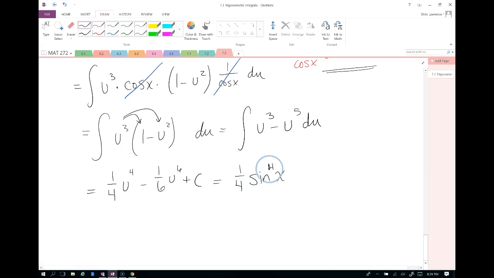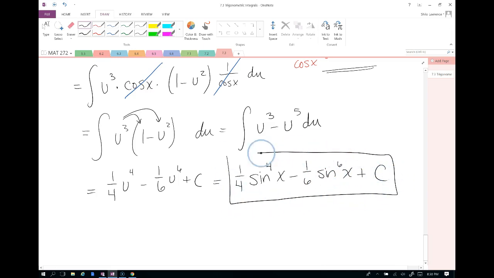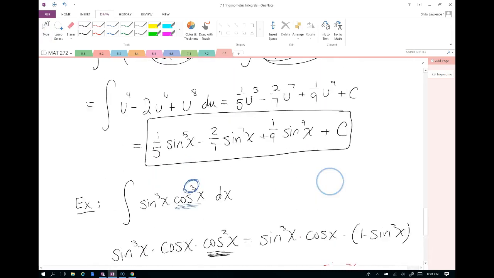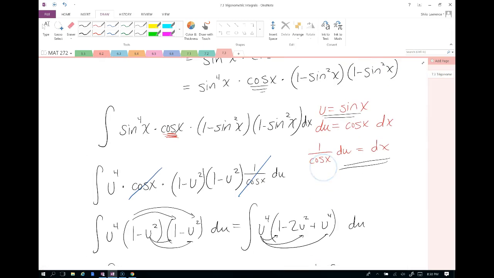So because I chose to hold on to a cosine and do u substitution for sine, I have a final answer in terms of sine. It's possible that if you choose to do it the other way, you will get an answer in terms of cosines. And that is perfectly acceptable because we have this Pythagorean identity up here that links sines and cosines.